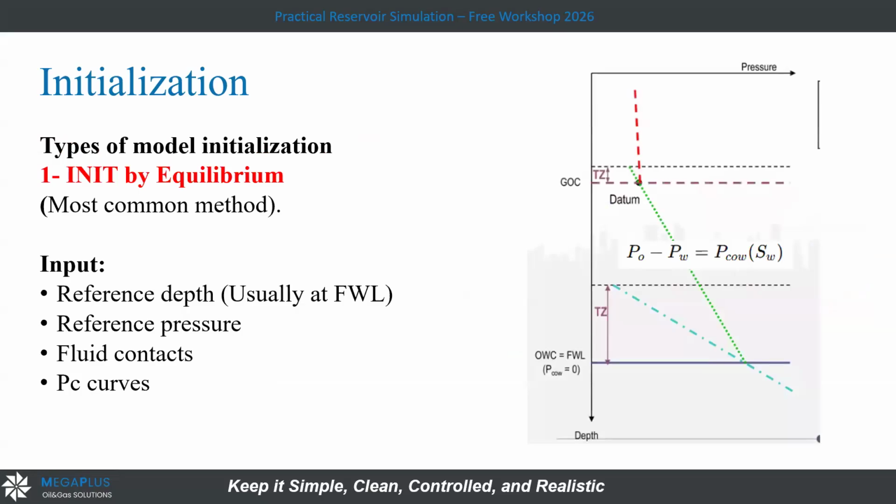So here is the initialization. This chart can be obtained from an operation like an RFT or RDT, when we drill a well and go in with the tool to measure the pressure across the depth. So it will be like that. If you record the pressure here and here, you will find this gradient.